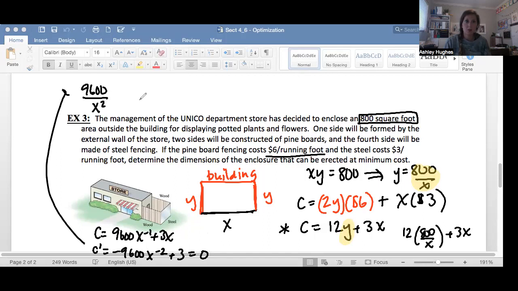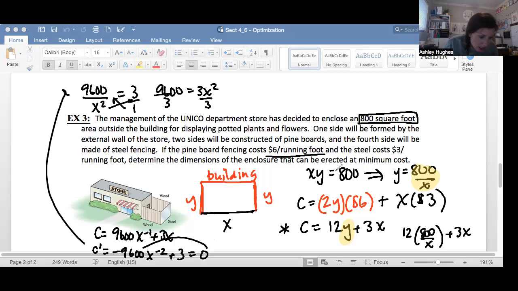9600 over X squared equals 3, because you can just add this over here. So multiply that across, so you get 9600 equals 3X squared. Divide by 3. So you get 3,200.